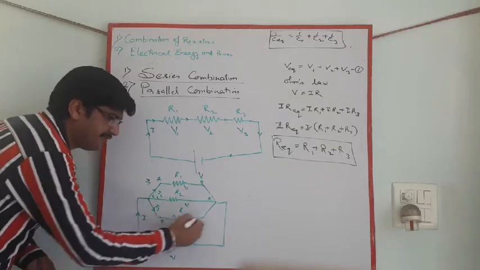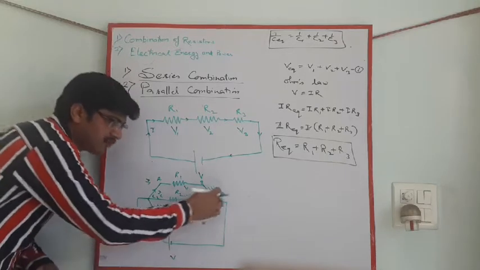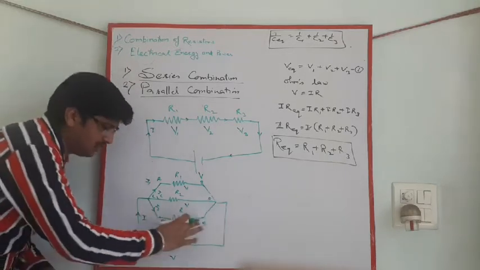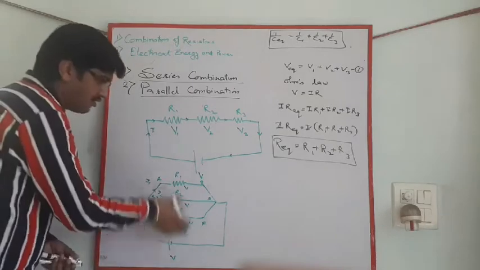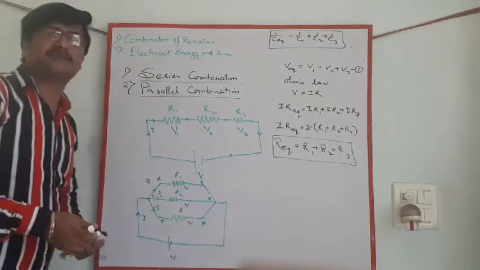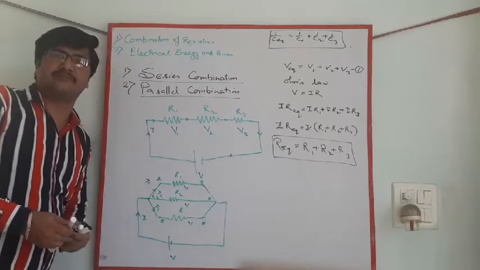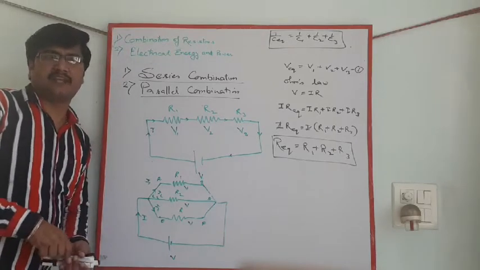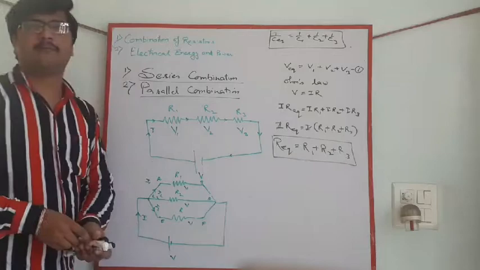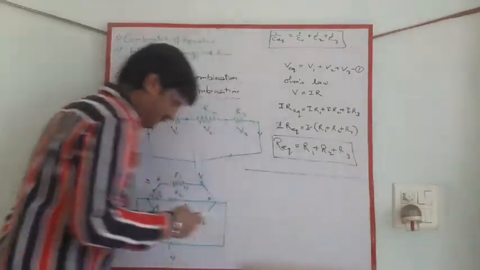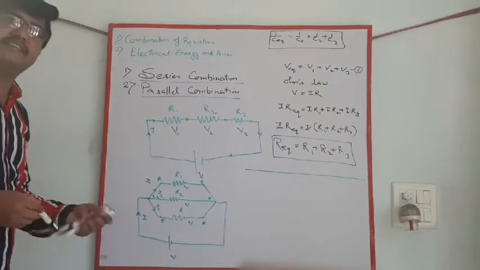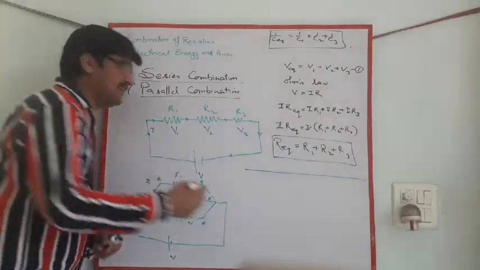Similarly, E and F are also connected directly to the battery, so E and F are also at a potential difference of V. So we can say that all the resistors experience the same potential difference V, equivalent to the potential difference of the battery. Here we have observed that potential is the same but current is different.